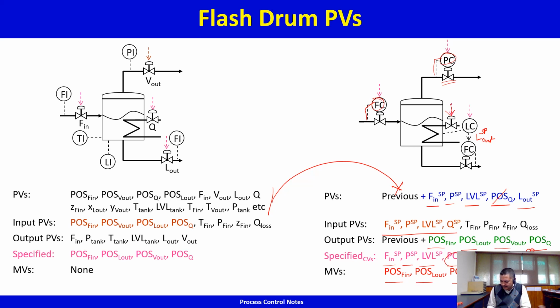This of course is a direct operator specification. So at the end of the day, whether you're looking at this situation or you're looking at this situation, notice that there are four specifications by the user. When there is no control, the user is directly specifying the valve position. When there is control, the user is specifying the set points.